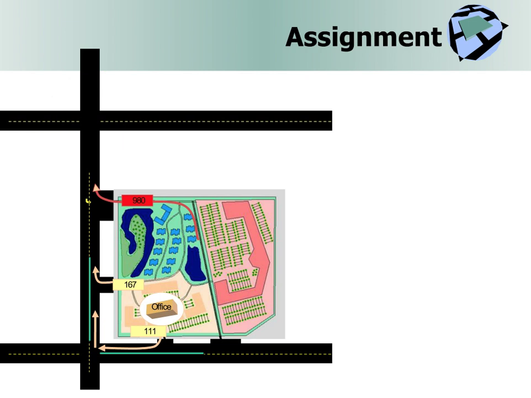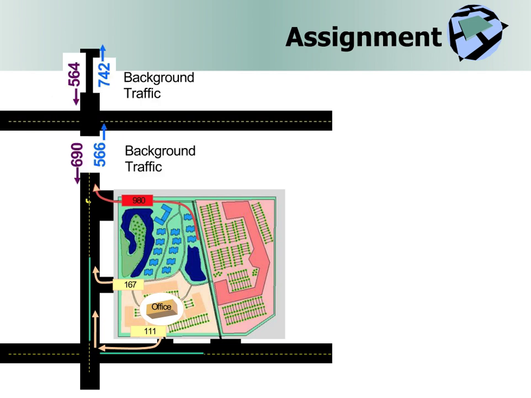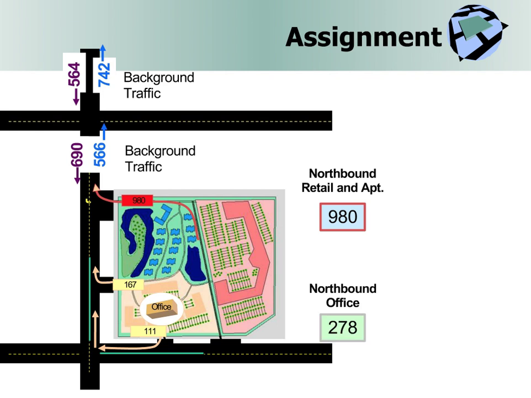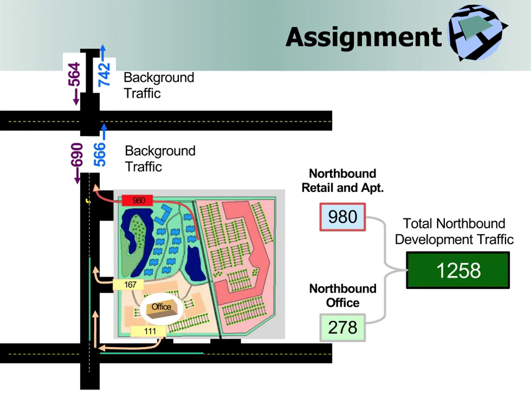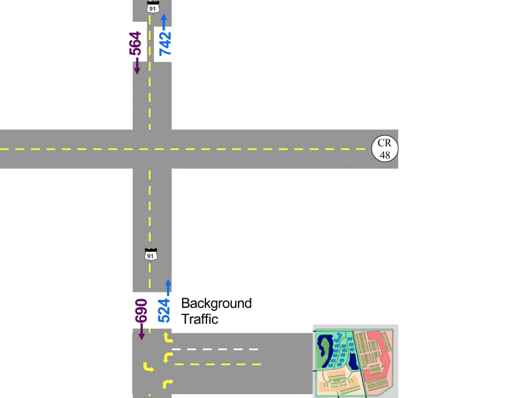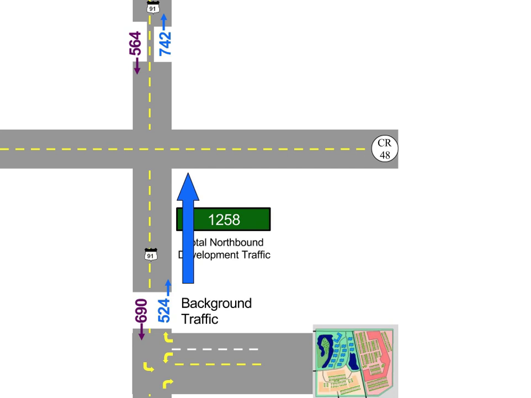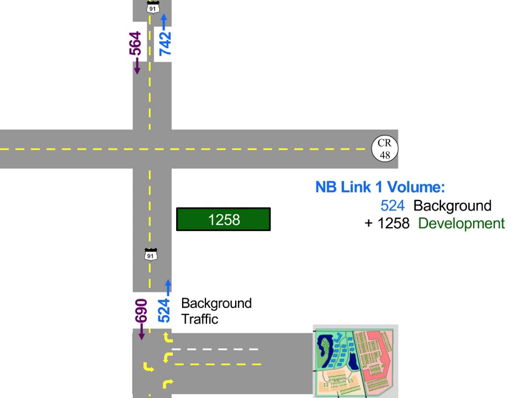You add it to the background traffic. I'm just going through this. I can't say it's simple because it's tedious. But the development traffic is added to the background traffic.